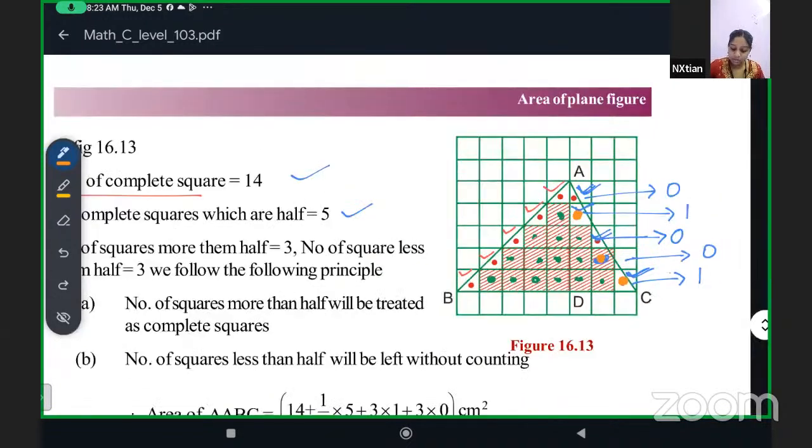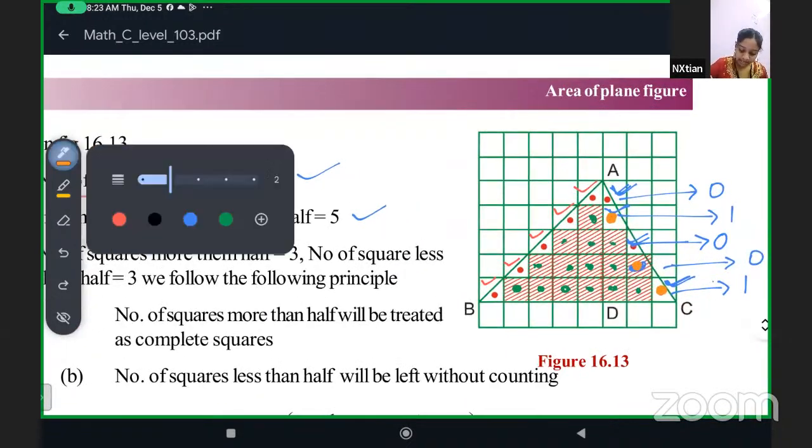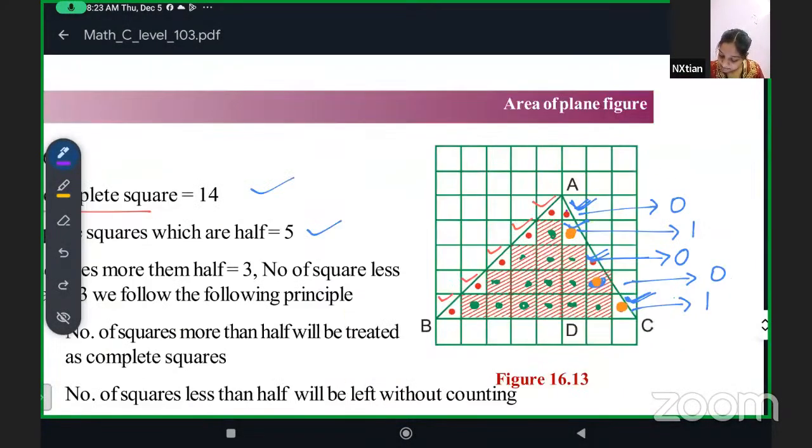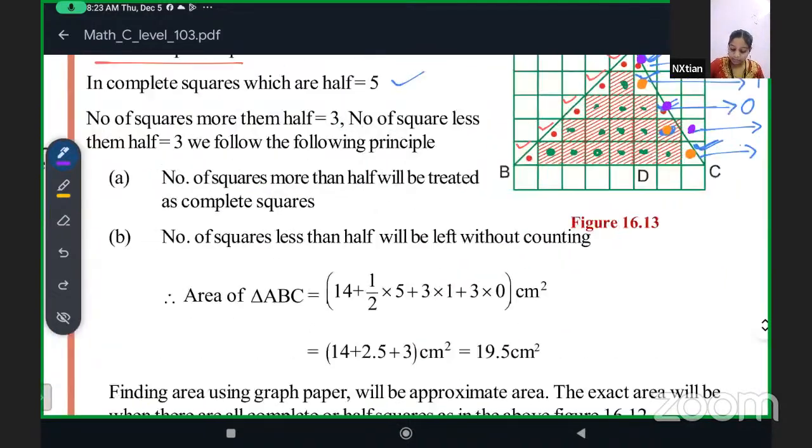Then the number of squares less than half. Let's see, this one, less than half, then this one, and this one. So these three are less than half. Now we will add them up.